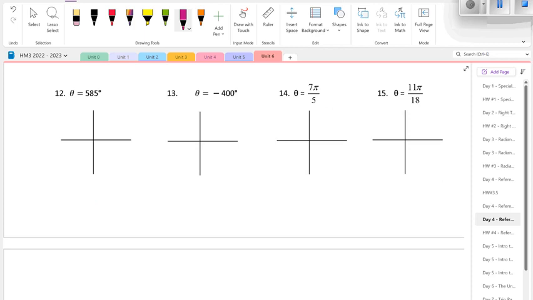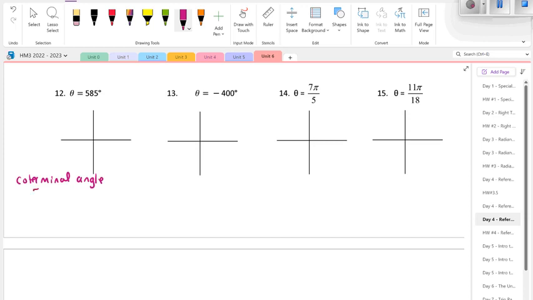So if we have an angle that is above 360 degrees or a negative angle, we would first want to find our coterminal angle with 585 that is between 0 and 360. So remember, to find your coterminal angle, you add or subtract 360 degrees depending on the angle.